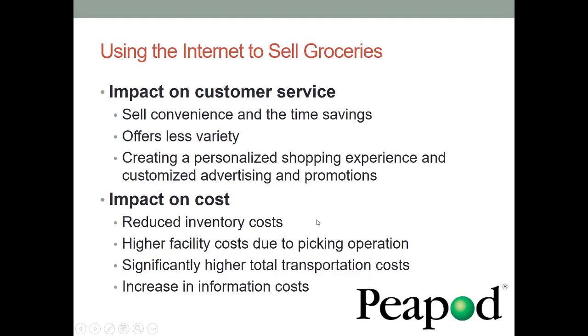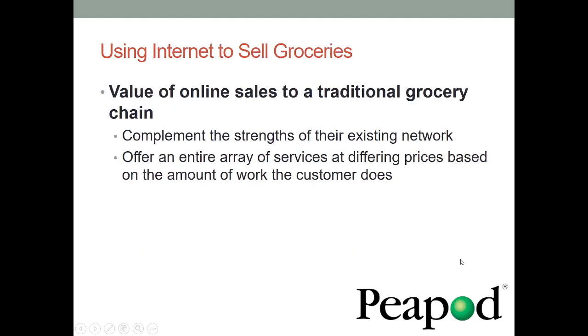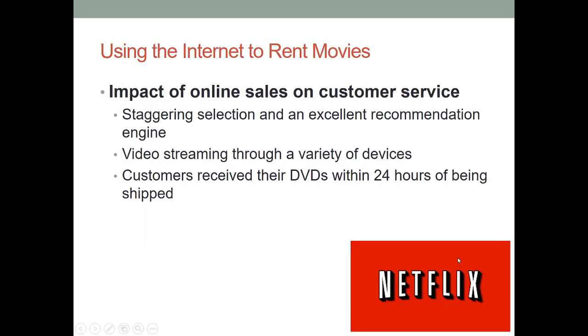This is the strategy used by Payport, where they sell convenience, which offers less variety. This is the impact towards the customer, and this is the impact towards the cost.